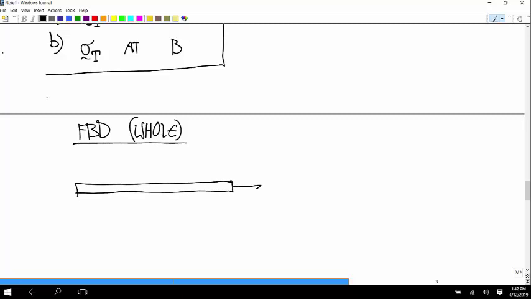Okay, so 40,000 Newton meter torque there. And over here we have our reaction torque, TR.